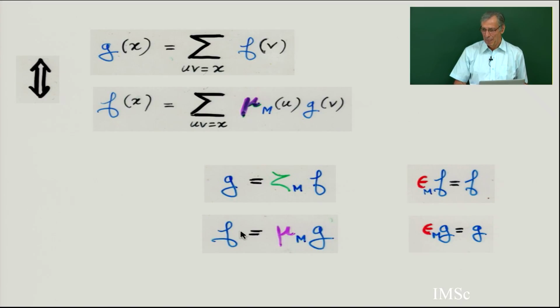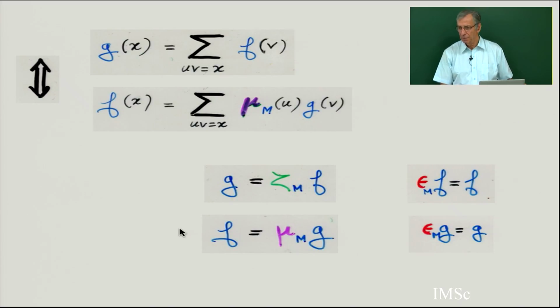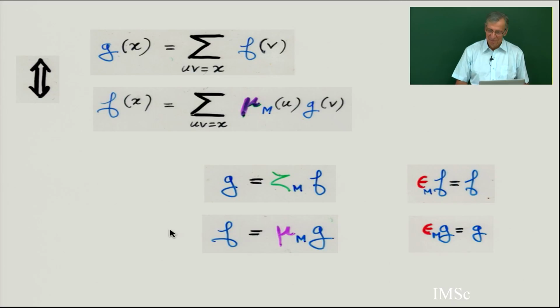Does the incidence algebra act on the set of all functions from the monoid to the commutative ring R? It's any function from the monoid to the ring R. I'm asking, is there some action? It seems the zeta acts on this and then on F. Well, if you multiply on the left by zeta, yes, there is an action in the incidence algebra.